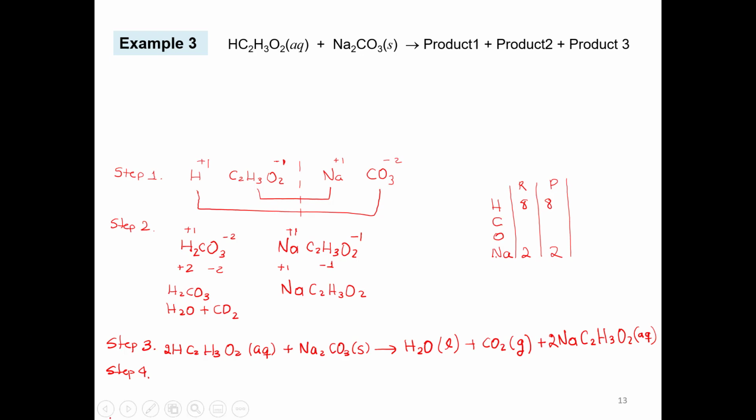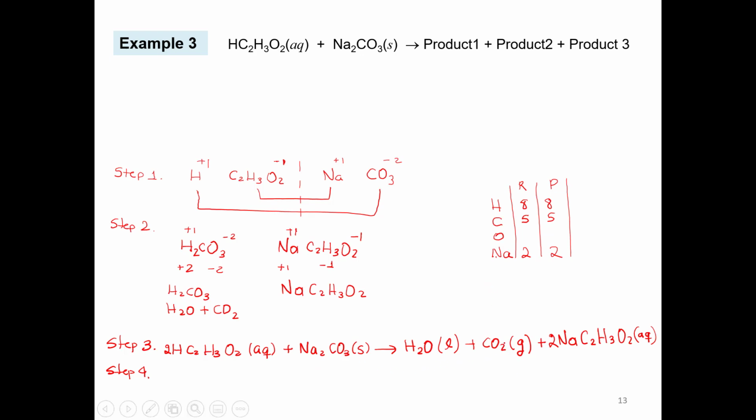Let's see carbon. We had 4 carbons here. 2 times 2 is 4. Plus 1 is 5. Let's see on the other side. We had 1. 2 times 2 is 4. 4 carbons plus 1 equals 5. Then we had 5 and 5. We had the same number of carbon on both sides. Let's see now oxygen. 2 times 2 is 4. Plus 3 equals 7.